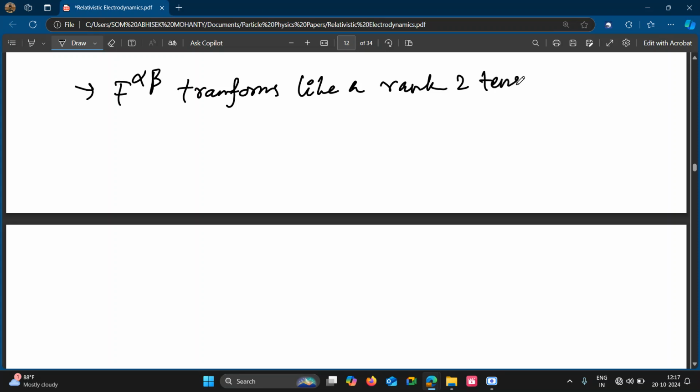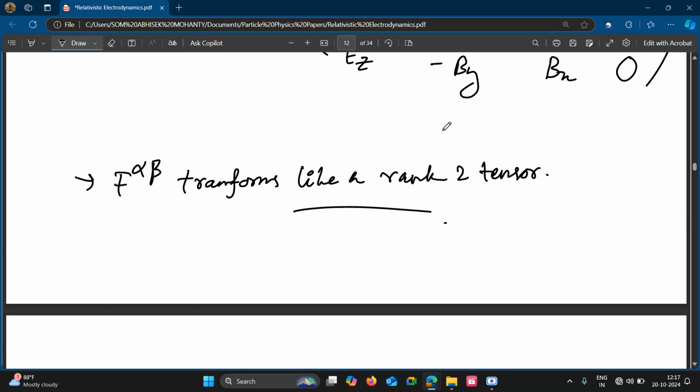So F alpha beta transforms like a rank 2 tensor. So this is your electromagnetic field tensor. Next, we'll study covariance of Maxwell's equations.